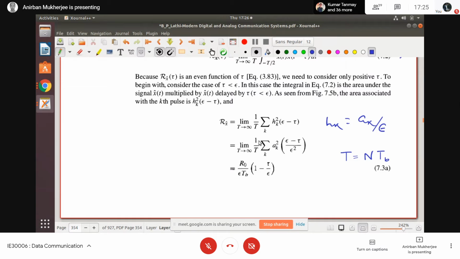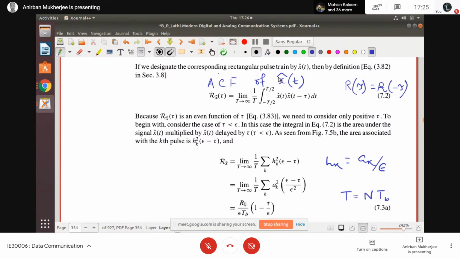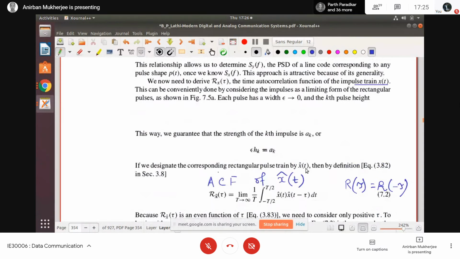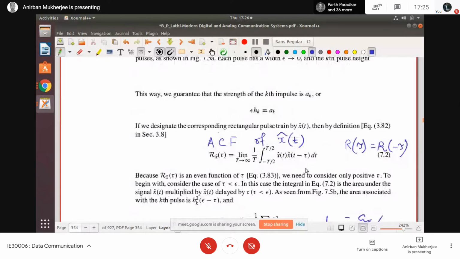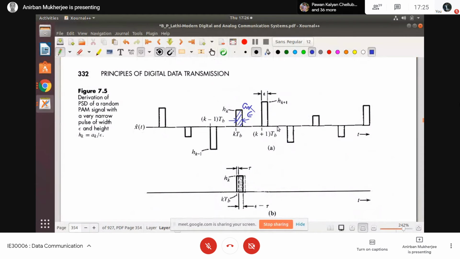Please remember this T is a generic T, that means minus T by 2 to plus T by 2, just a generic variable. So what I am trying to do this whole time, try to understand: this is Tb or Ts, whatever you say. This is my kTb, this is (k plus 1)Tb, this duration is Tb.